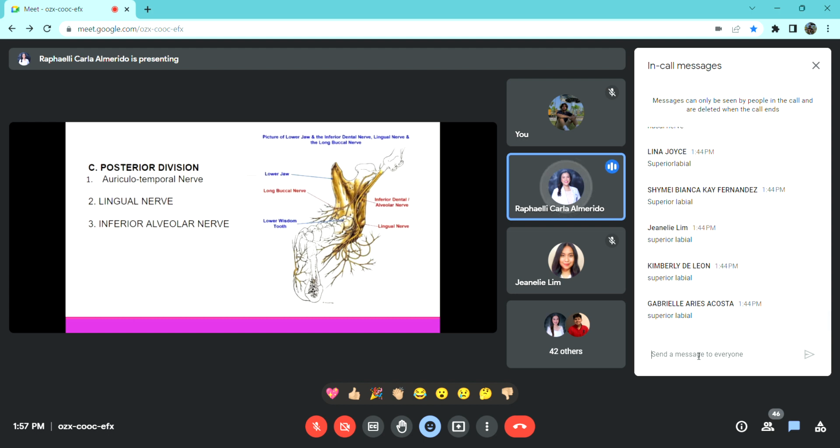It's only the anterior 2/3 of the tongue, the mucous membrane of the floor of the mouth, the gums or gingival region on the lingual side of the mandible, as well as the sublingual gland. So that's just four.